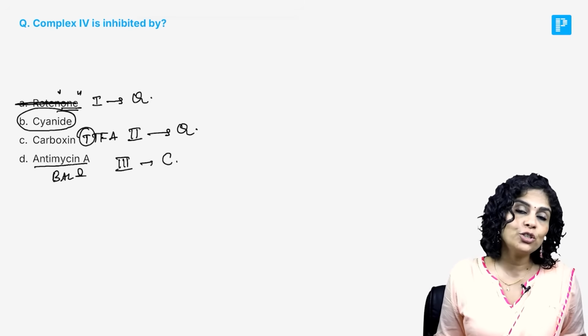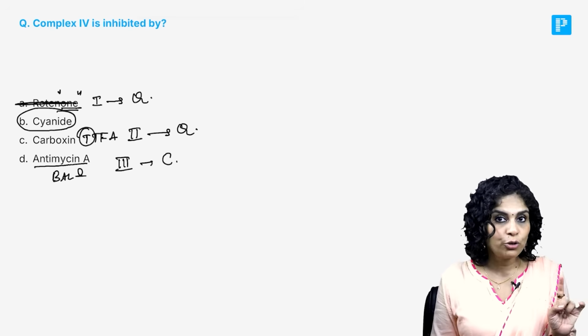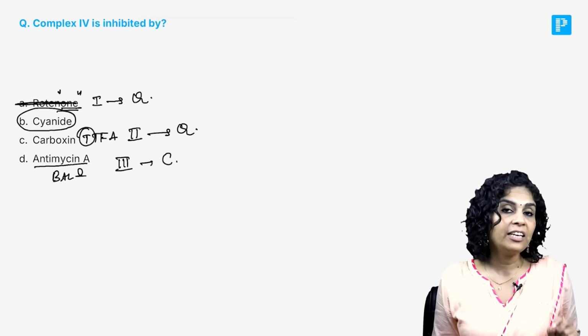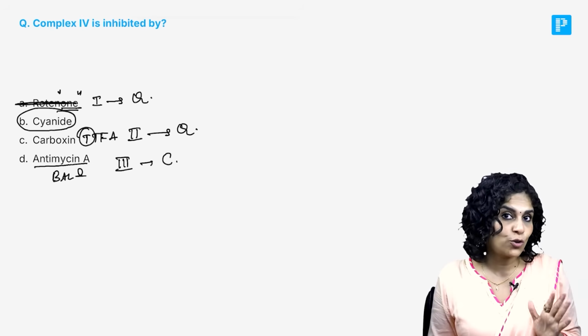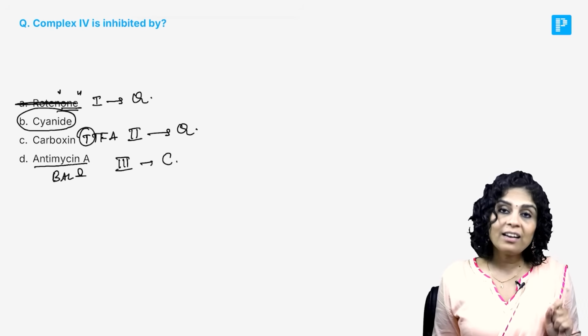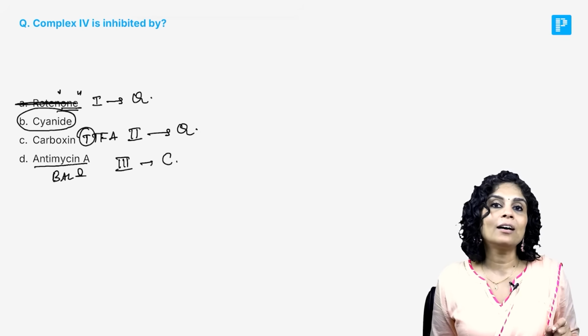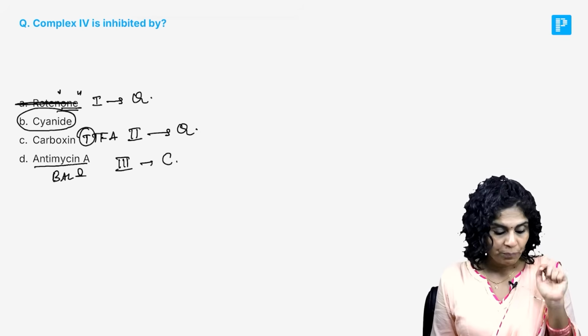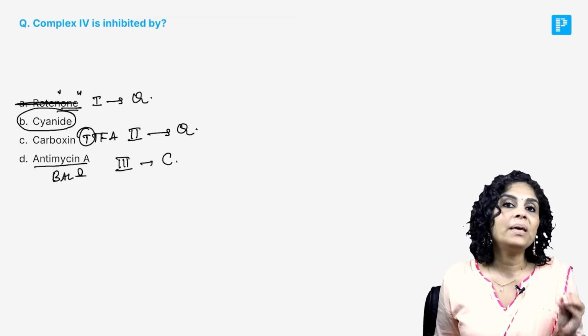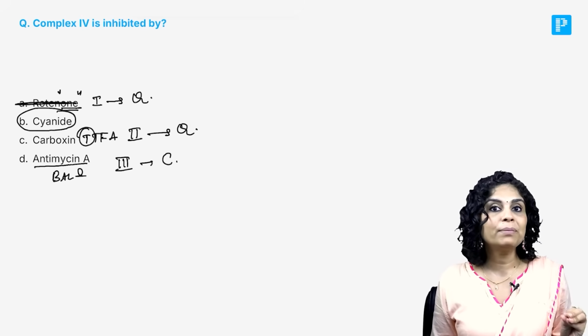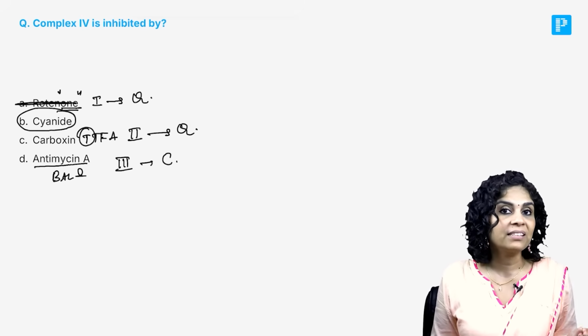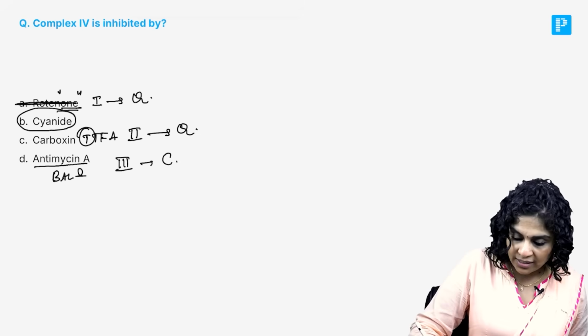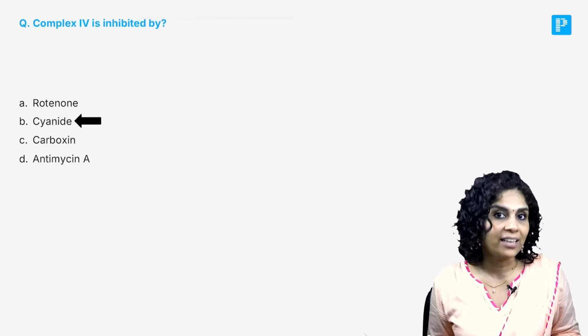Choice A, rotenone, between 1 and Q. Choice B, cyanide inhibits complex 4, the last complex. Choice C, TTFA and carboxin between complex 2 and Q. Antimycin and BAL between complex 3 and C. So the answer here is choice B, cyanide.